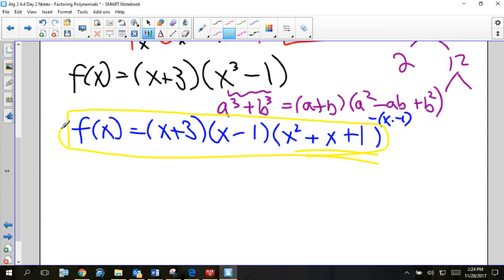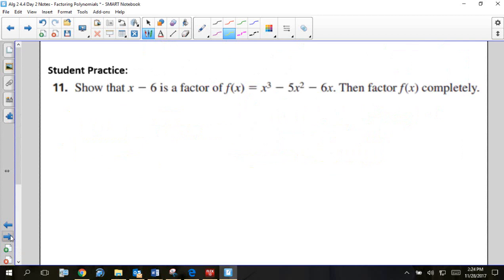Let's try another. Show that x minus 6 is a factor of f of x equals x cubed minus 5x squared minus 6x. So x minus 6 equals 0. X equals 6. Put that in the box. And what are my coefficients? 1.